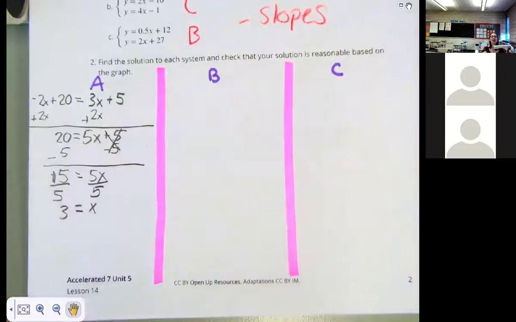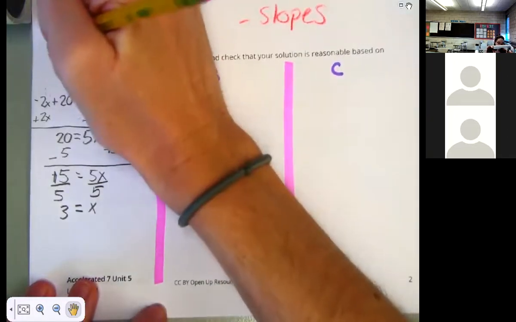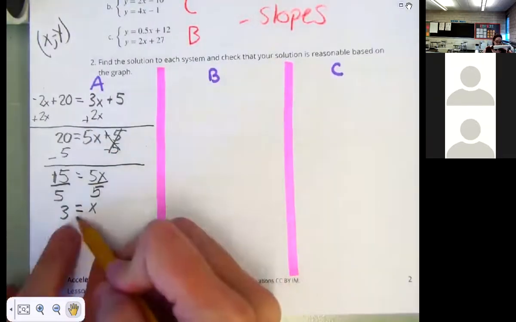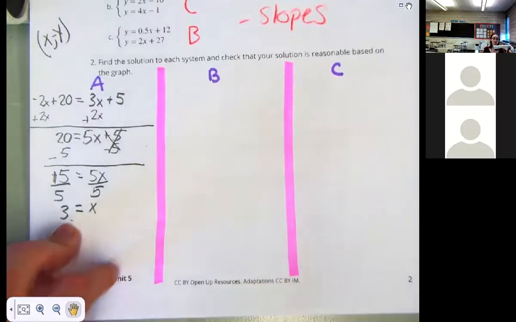So I'm trying to find the solution. And solutions are written as coordinates, right, x, comma, y. So now I need to plug this 3 in and find my y value. So I pick one of my equations.